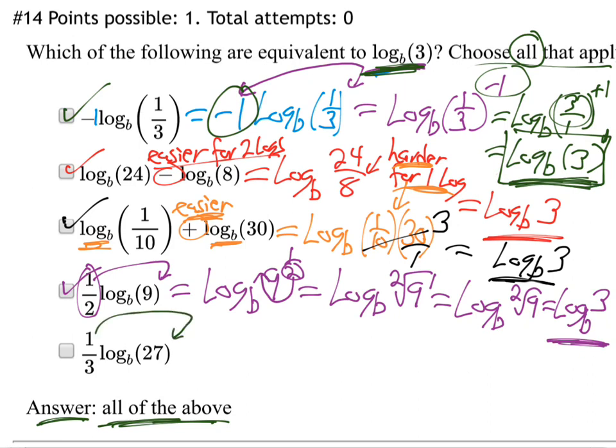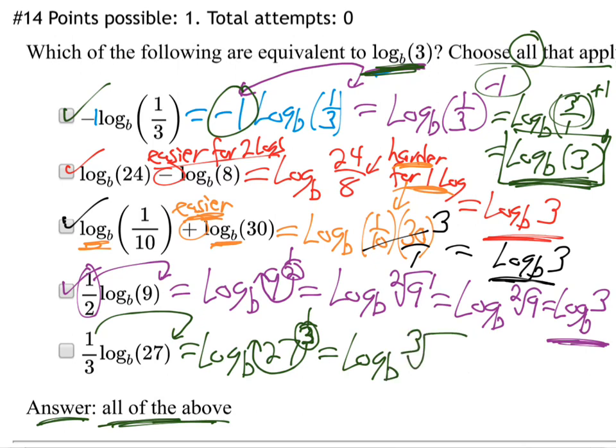Last one. 1/3 goes up there. Log base b of 27 to the 1/3, right? Numbers in the front can go to the power. You know the drill. This 3 swings into the hook. So it's log base b, it turns into a root, doesn't it? Of 27 to the 1. That's just 27. Now, what's the 3rd root of 27?